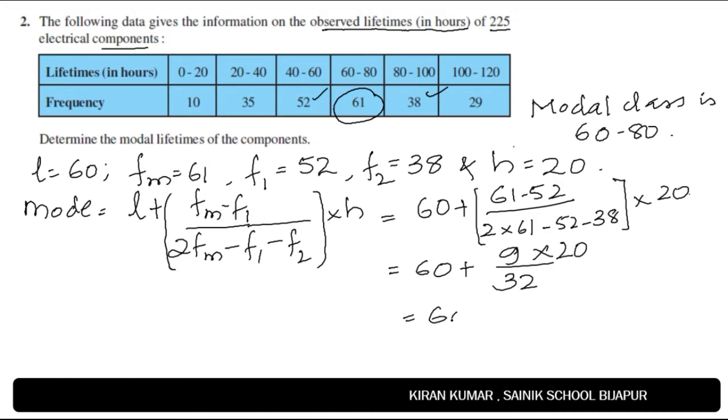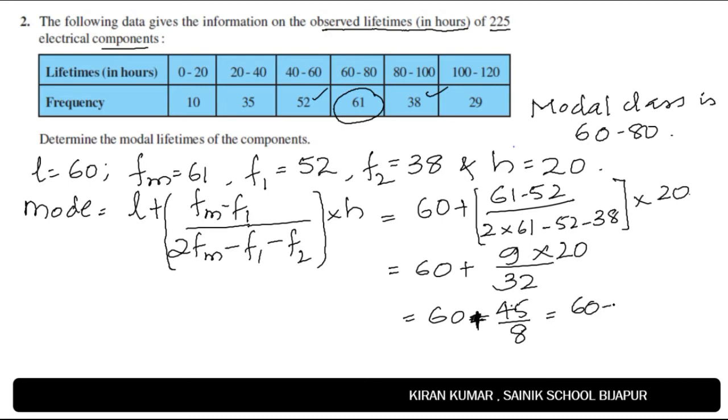So roughly we get this divisible by 4, 5 times, 4 8 times, so plus 45 divided by 8.